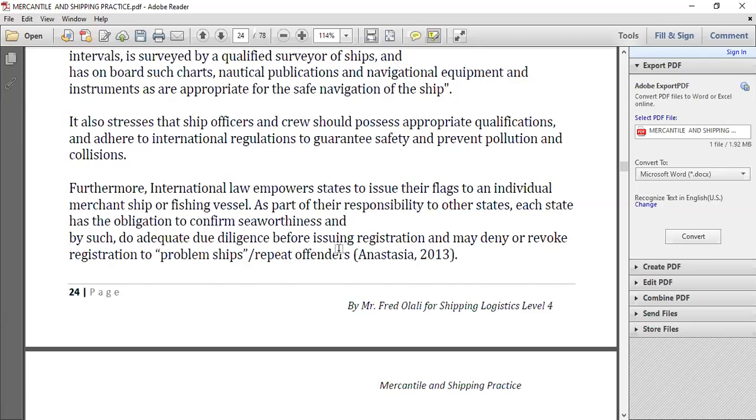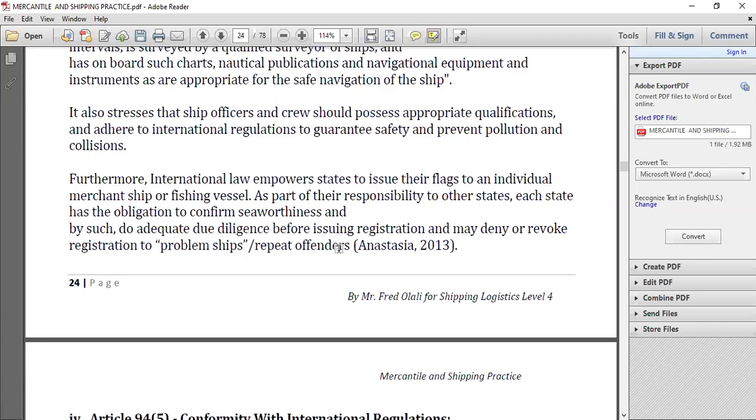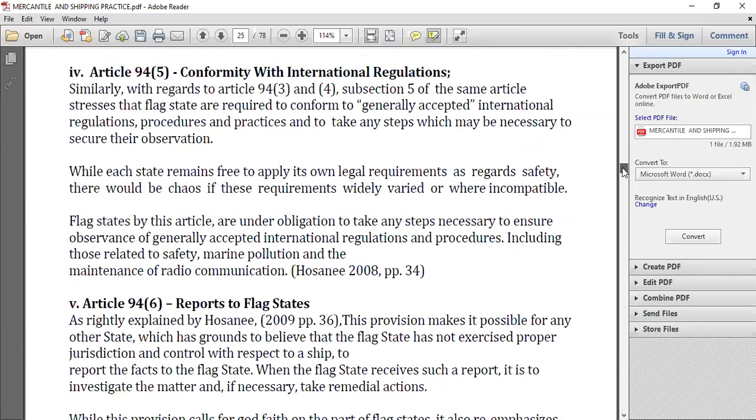That is according to Anastasia of 2013. So if you keep on repeating the same offense, they can revoke your registration, and remember, you will not be allowed to sail. So you must maintain good relations with these flag states.